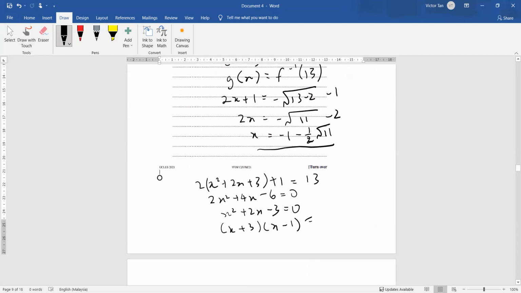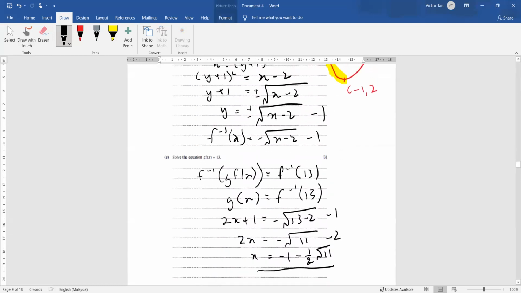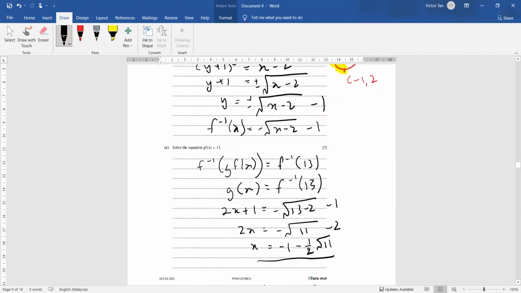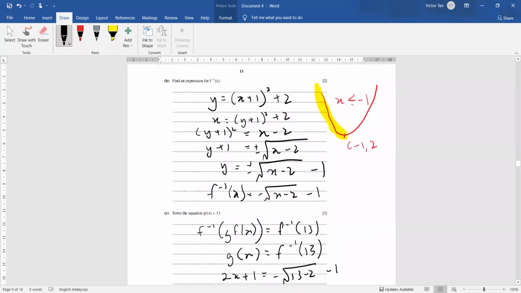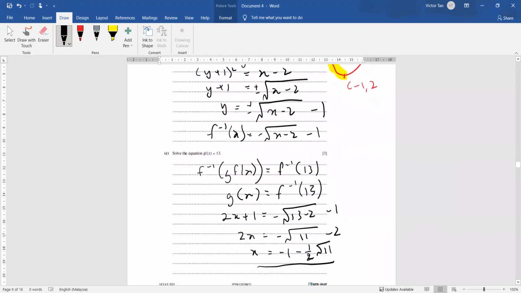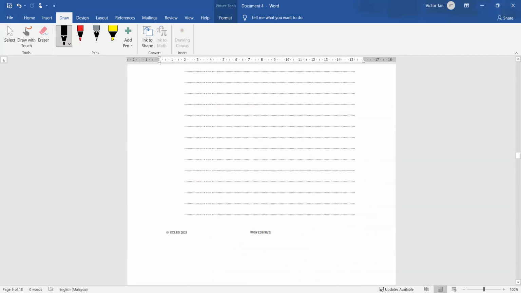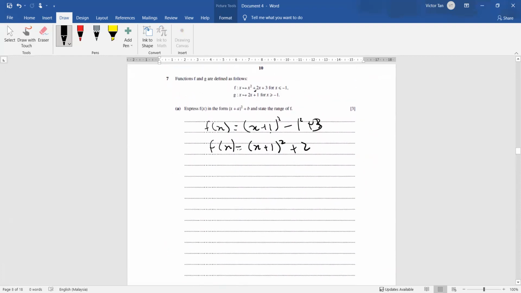So here you have x equals minus 3 and x equals 1. Sometimes if you do it this way, it does not really work. I think this is wrong. It's correct.